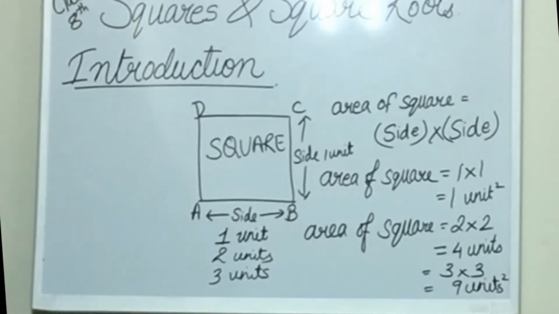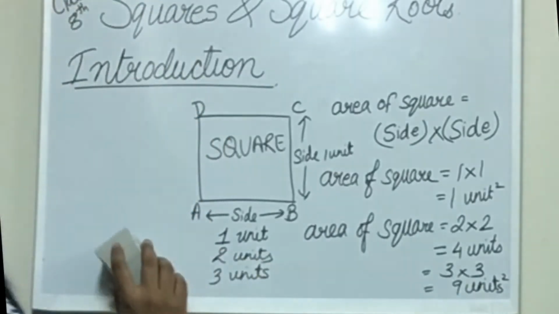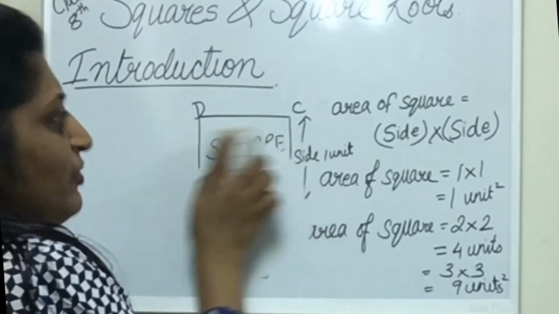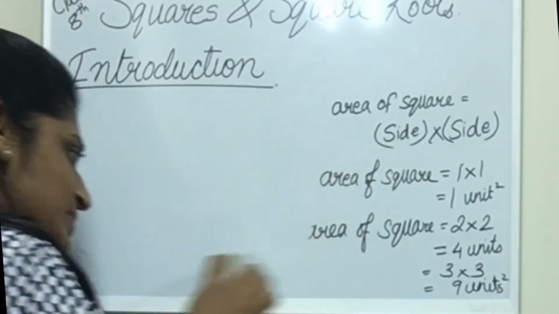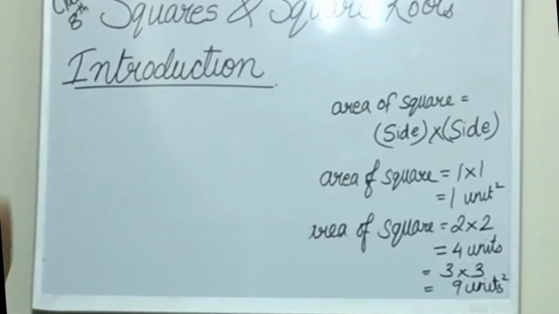Right. So similarly, if it had been 4, then it would be 4 times 4. If it would be 5, then it would be 5 times 5. If it would be 6, then it will be 6 times 6 and so on. Right?